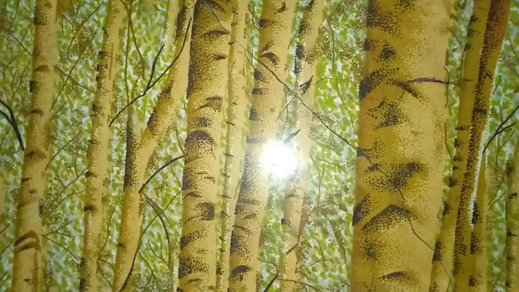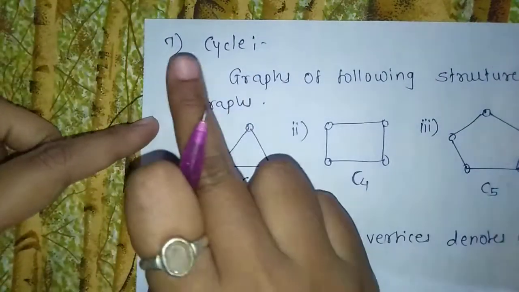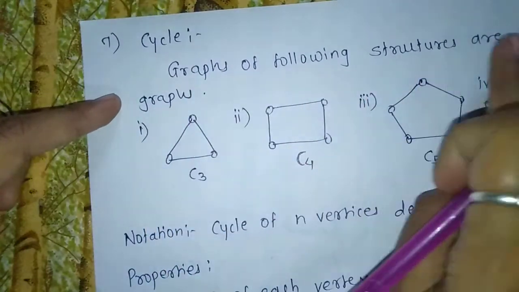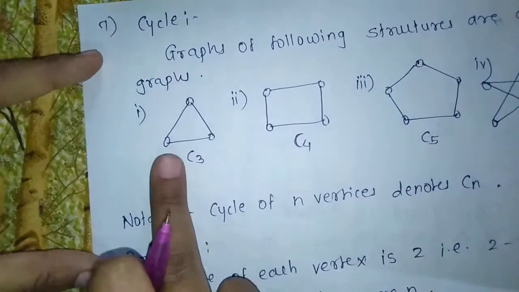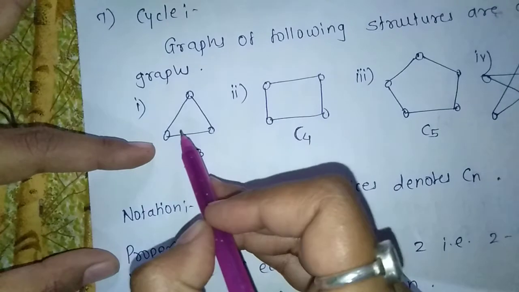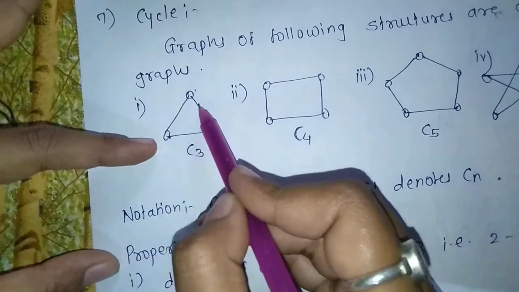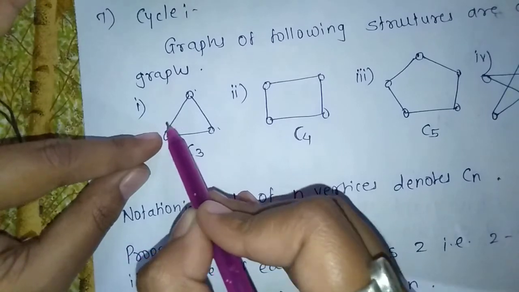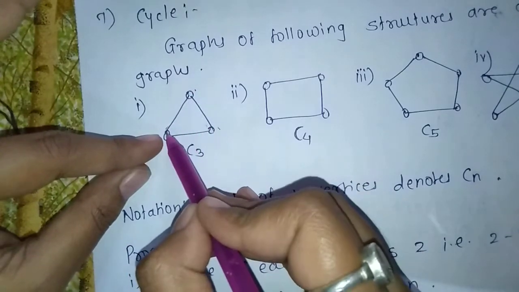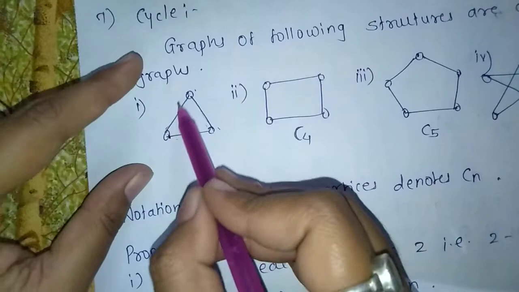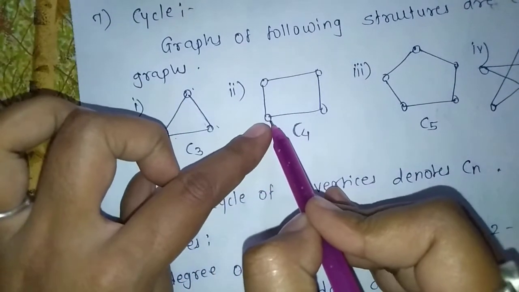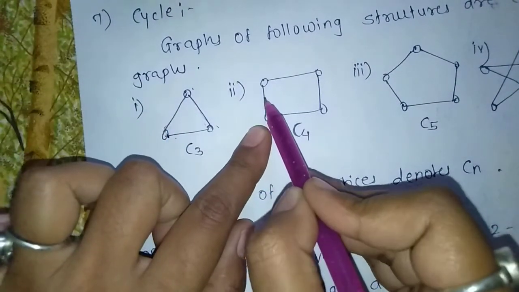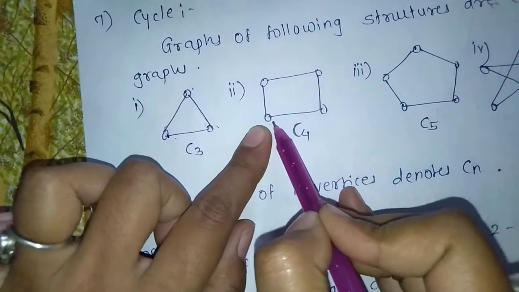Next graph is the cycle. Graphs of the following structures are cycle graphs. First, C3 means 3 vertices; if we start from this vertex and draw the edges, 1, 2, 3, so this is a cycle. C4, if we start here, this becomes a cycle.